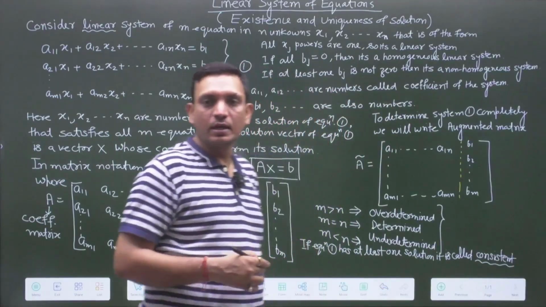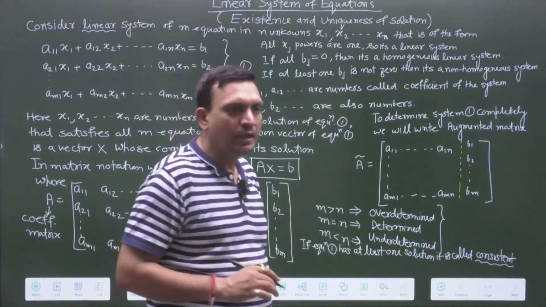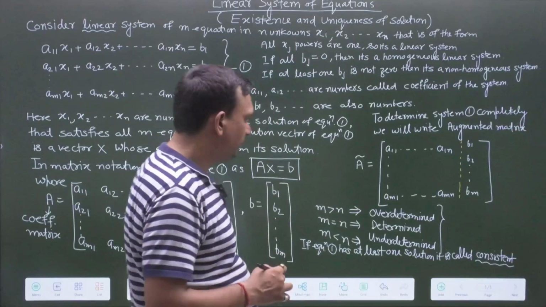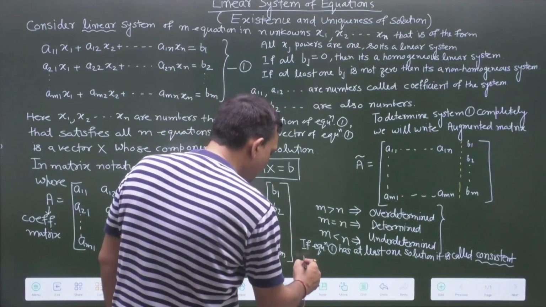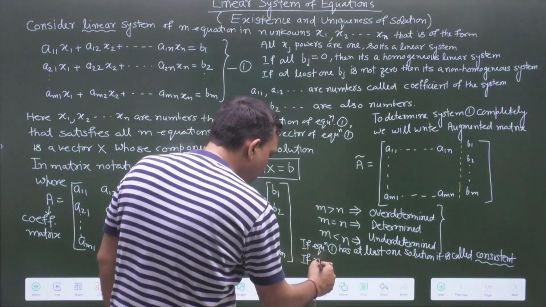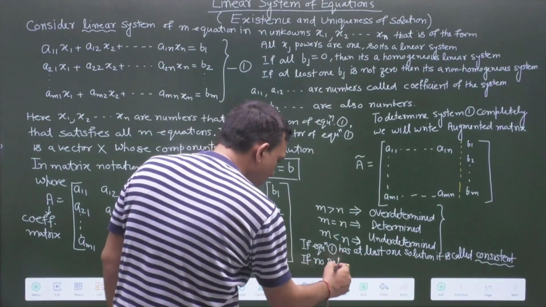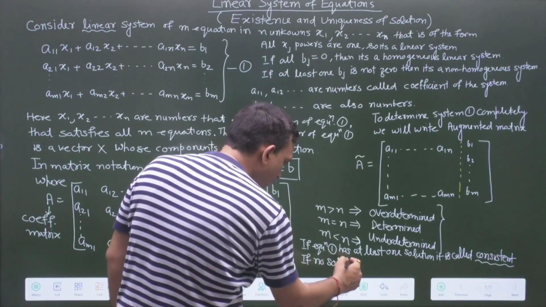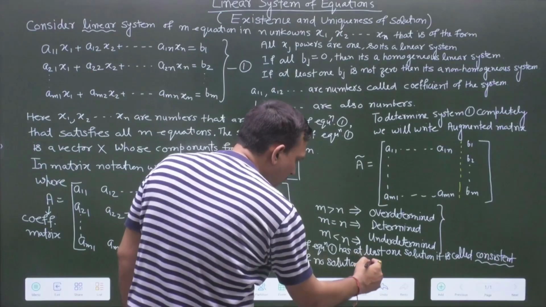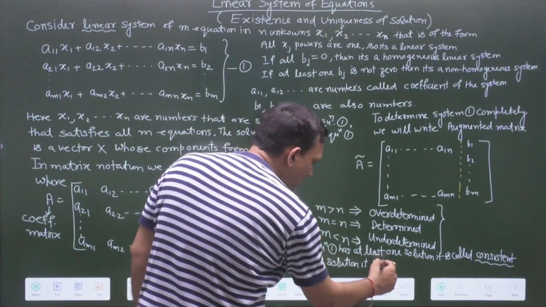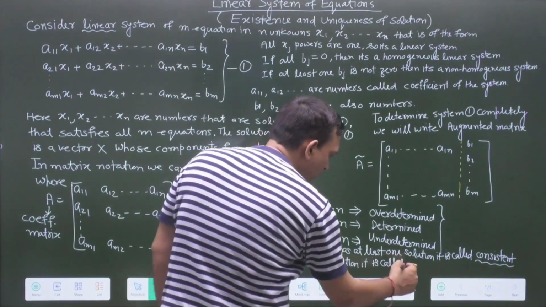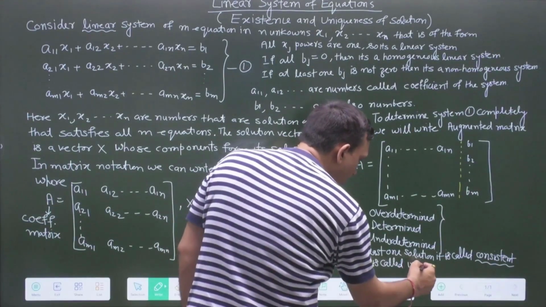System 1 is called consistent if it has at least one solution. If there is no solution, it is called inconsistent.